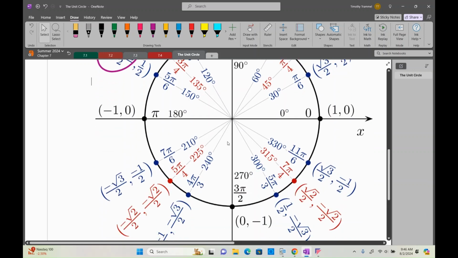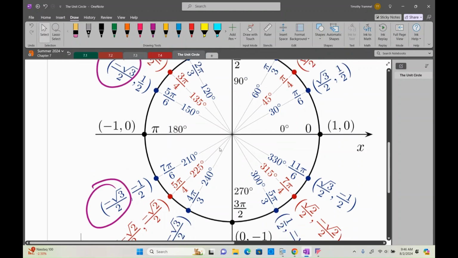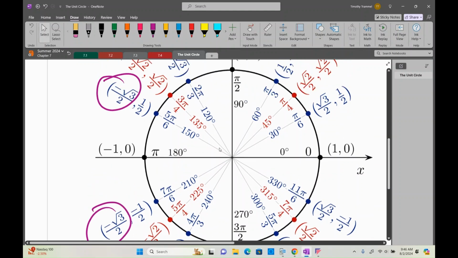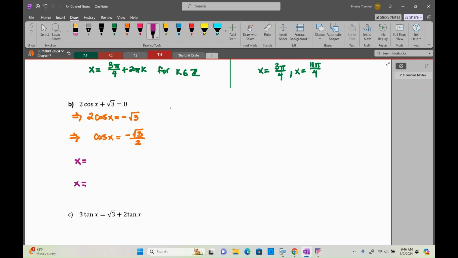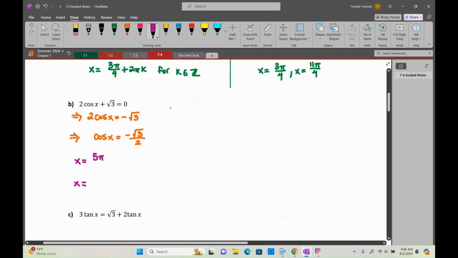And the other one is right here. So we have 5 pi over 6 and 7 pi over 6 are 2 angles that make cosine equal to minus root 3 over 2. So let's go record those. 5 pi over 6 and 7 pi over 6. And then plus 2 pi k.